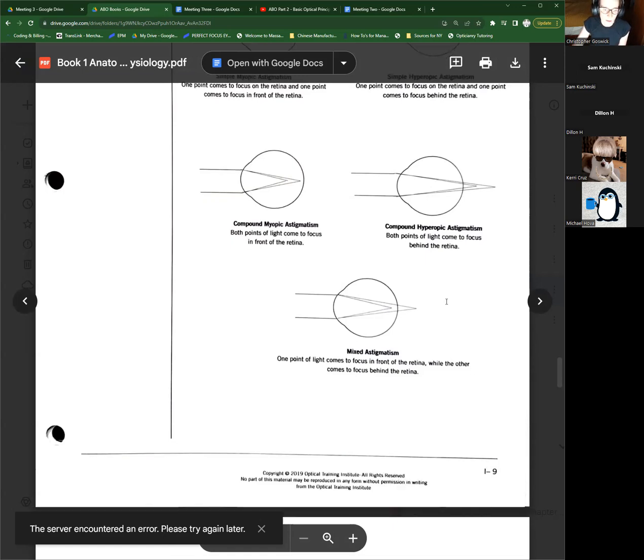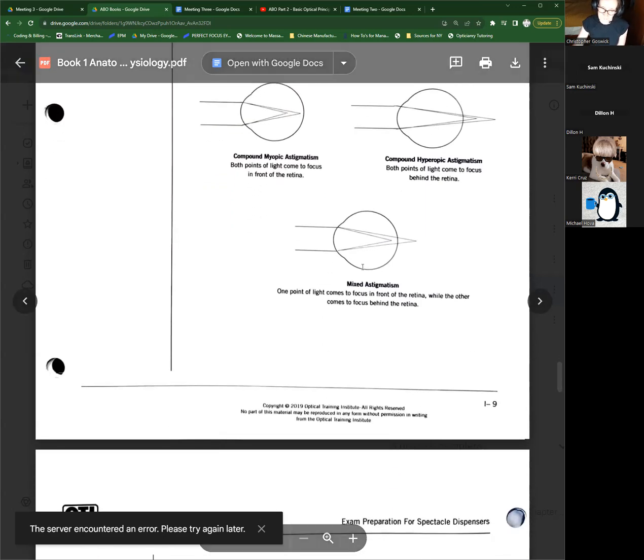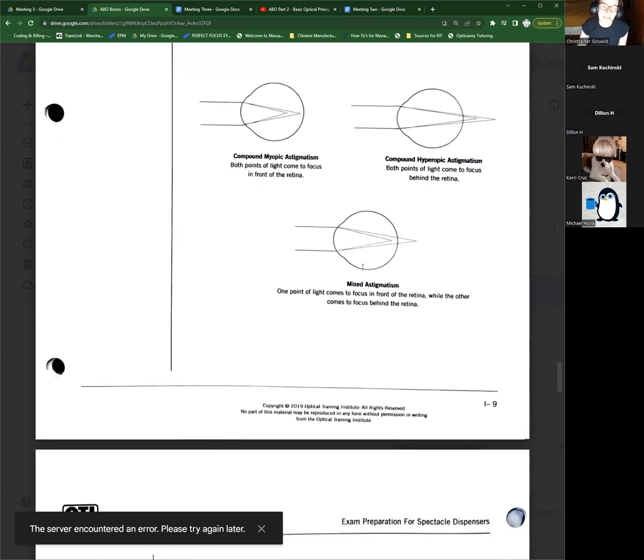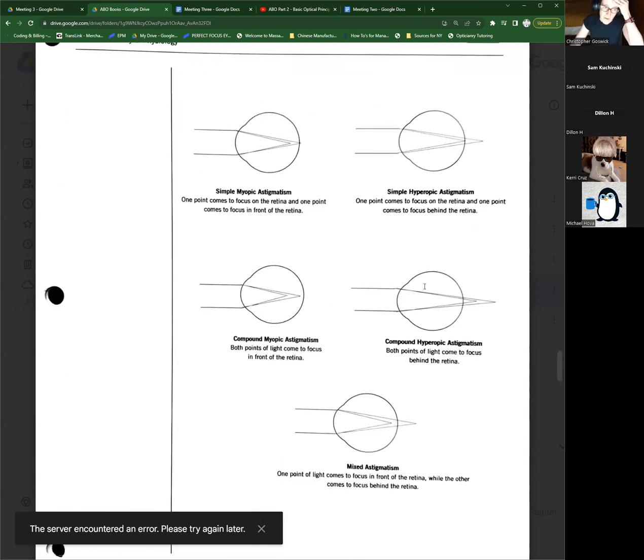Now, this one, the mixed astigmatism, is basically where one of the points of light is coming in front of the retina, and one of them is coming behind the retina. Neither of them is good.